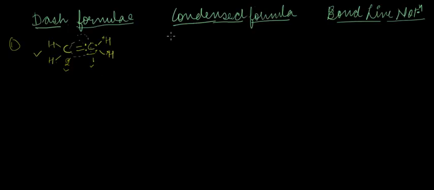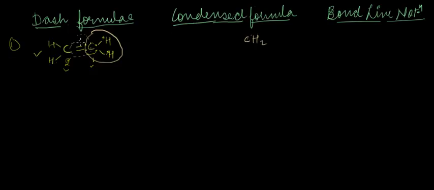As I said, the condensed formula is nothing but we just compress the bond lengths of carbon and hydrogen atoms, and we just show the connection between the carbon and carbon atoms with the single bond. Okay, so for this carbon atom, the bond length reduction would result in a CH2.